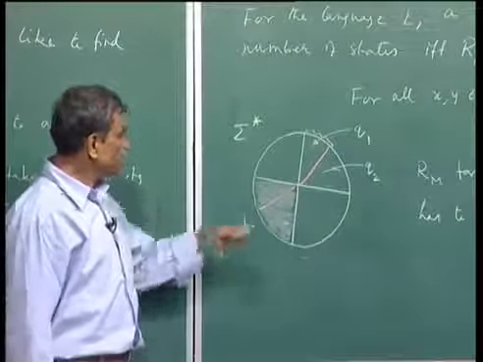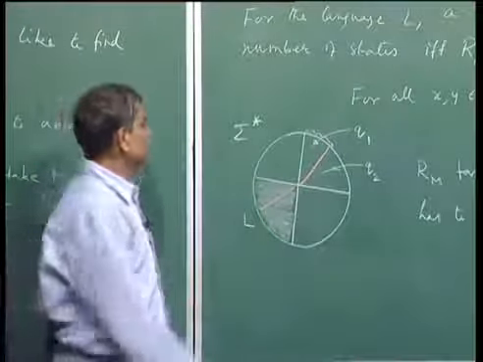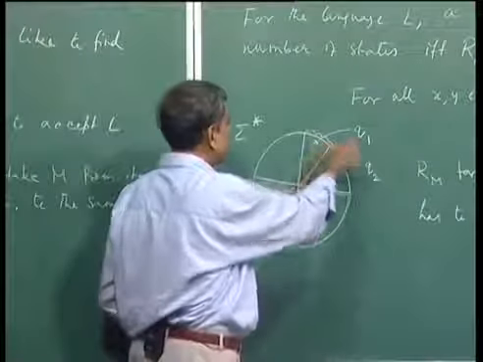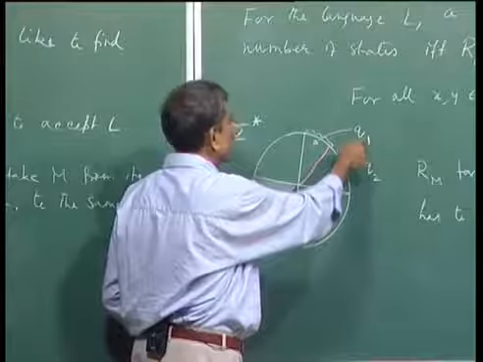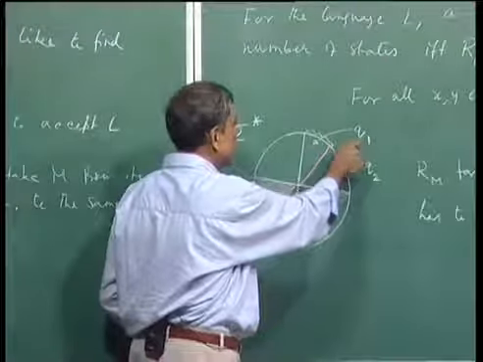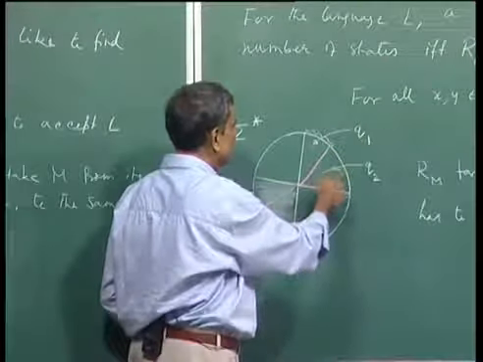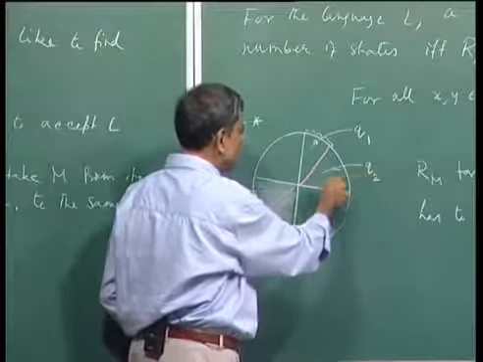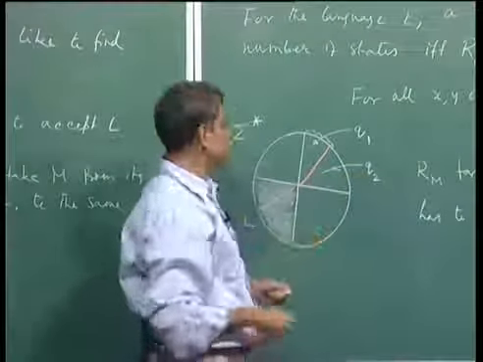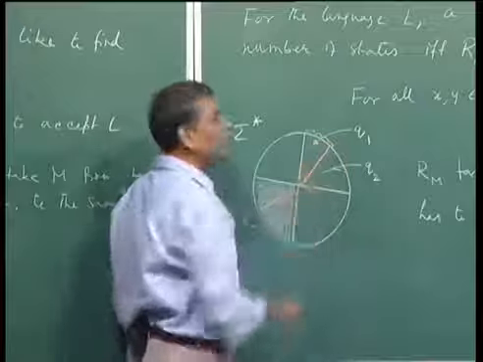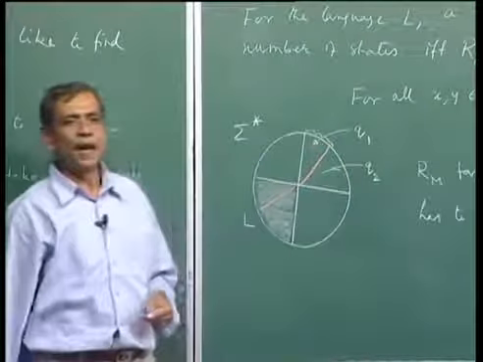And what is their relation? Their relation is that the equivalence classes in RM corresponding to the state Q1 and the state Q2 are both subsets of the same equivalence class of RL.